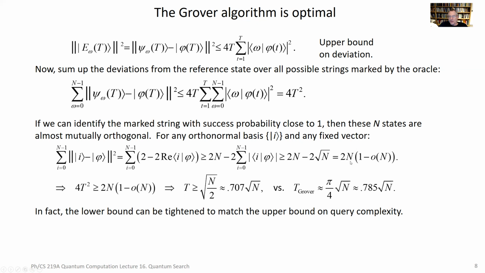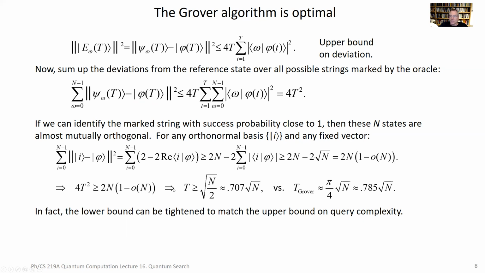I can write this as 2n times 1 minus some little correction. I wrote little o of n, which just means that as capital N gets large, this becomes as small as you please. So we know that 4t squared is greater than or equal to this sum. We know that if the psi omega of capital T's are perfectly distinguishable, then this sum is greater than or equal to 2 capital N times some small correction, which I'm not going to worry about.